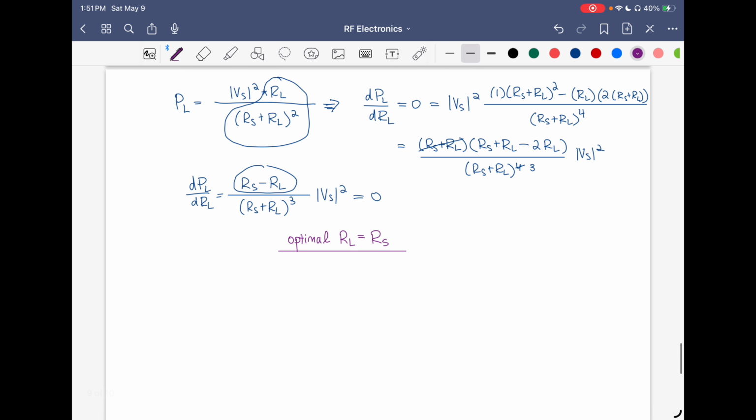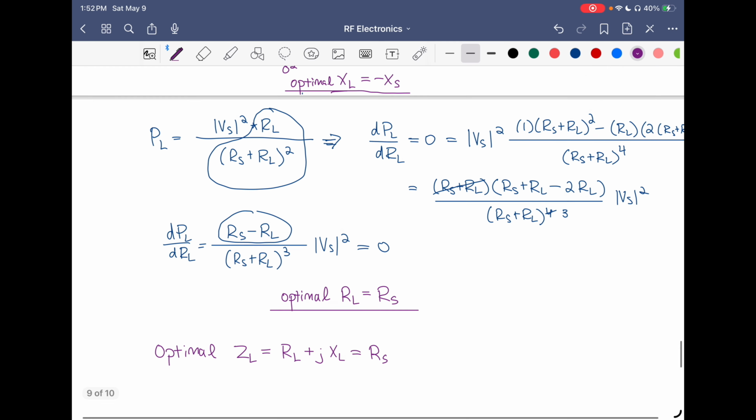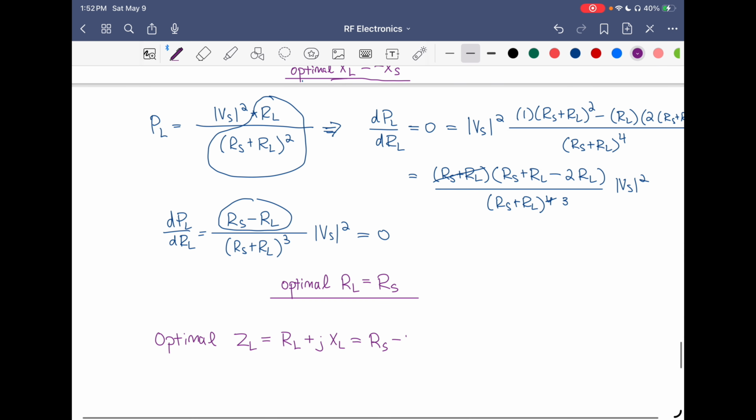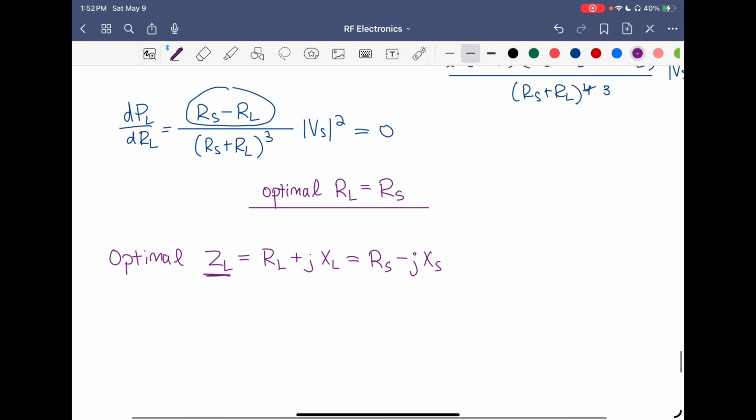So we can express our optimal load impedance as RL plus jXL, substituting the values we found. So Rs minus jXs. And this is the optimal that we found.